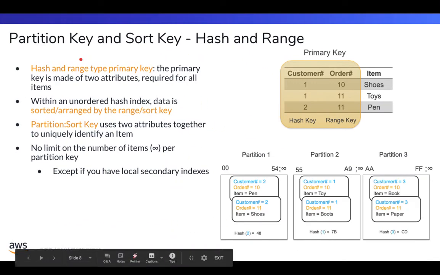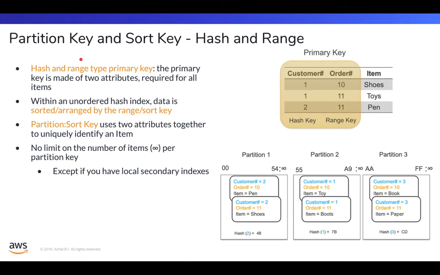When you use the SDK, you would see the terms hash and range. Basically, it means partition key and sort key. So this primary key is made of two attributes.